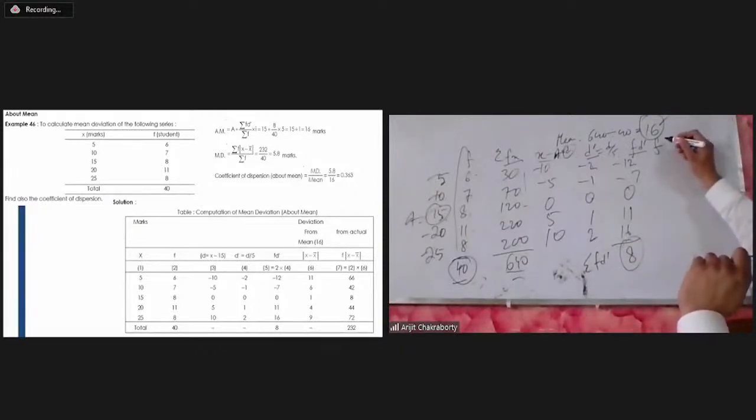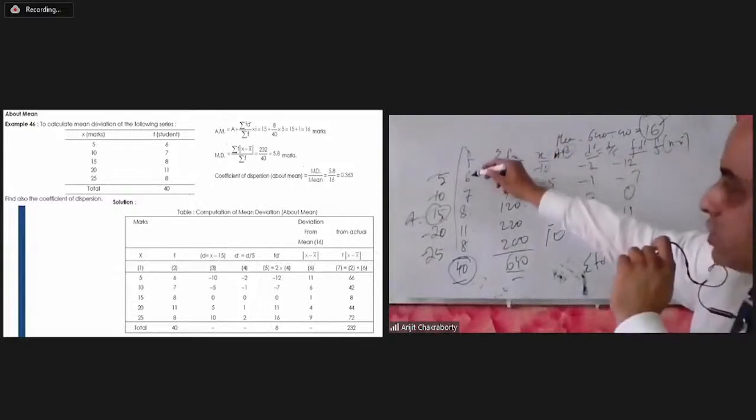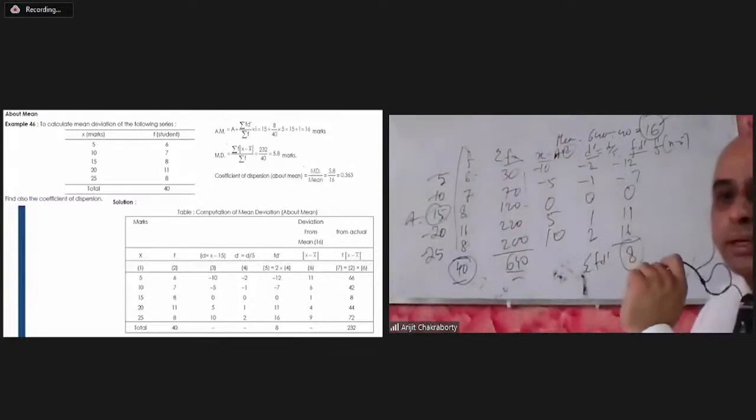So now we will find f into x minus x bar. The frequencies given here are 6, 7, 8 multiplied by the deviation.